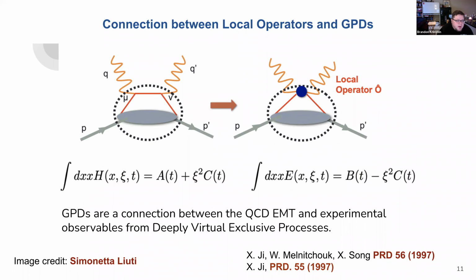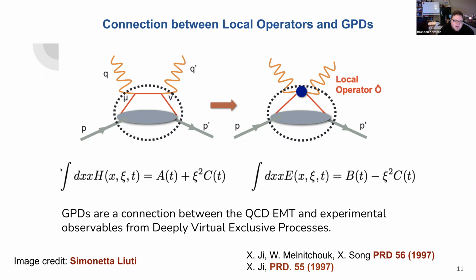Now, what's important is that we have to be able to measure these gravitational form factors, or the information contained in them, in experiment. And this is the critical work in which one can show that there's a direct connection between moments of the GPDs that parameterize, for instance, exclusive scattering processes such as these, and the gravitational form factors.